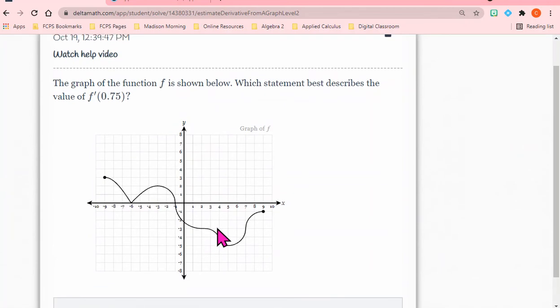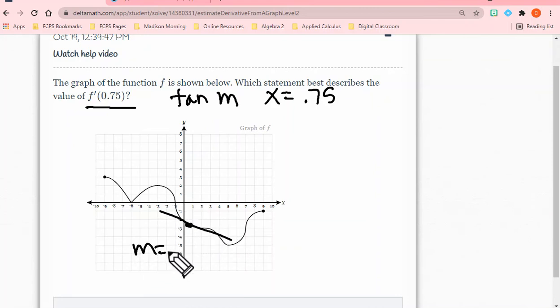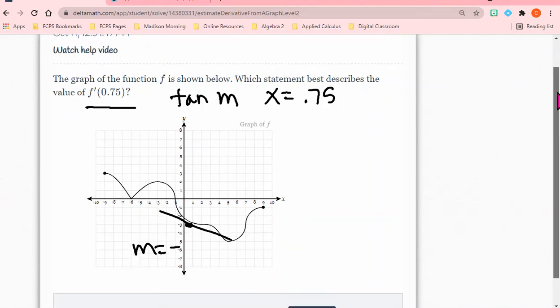Okay, look at the way the question is being asked. This is why you've got that vocab. This means tangent slope when x equals 0.75. So 0.75 is right here. The tangent line is a negative slope, but not very steep.